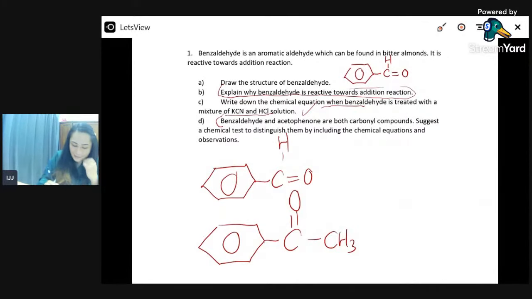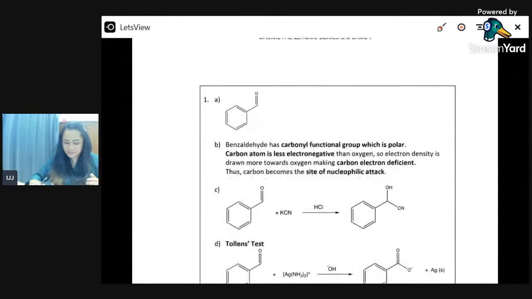Aldehyde can undergo oxidation, but ketone, because of the lack of hydrogen, when you react it with an oxidation reagent, dia tidak akan react sebab dia tidak boleh kena oxidize. So I show you the scheme.